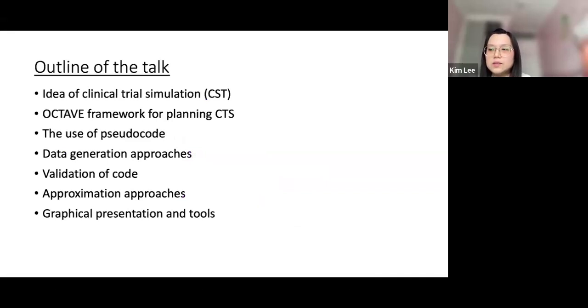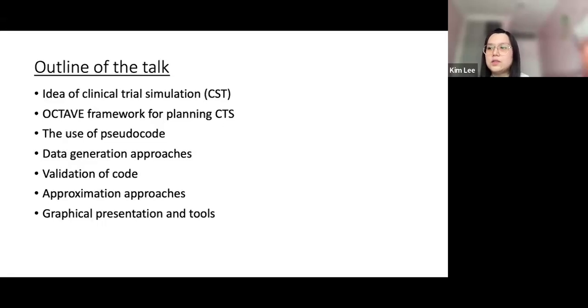This slide outlines the topics that I will cover in this talk. I will first describe the idea of simulation in the context of clinical trials. I will then focus on the OCTAVE framework that we proposed. The elements of the framework suggest what you should consider when planning a clinical trial simulation.